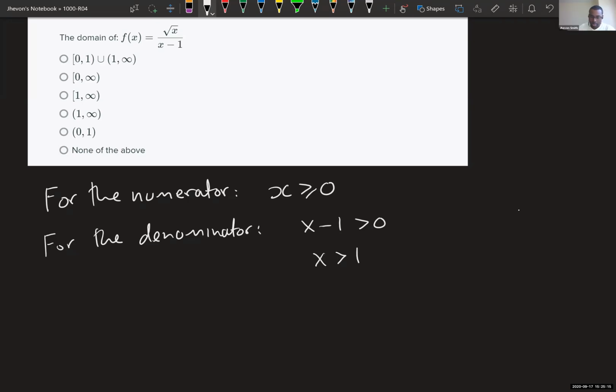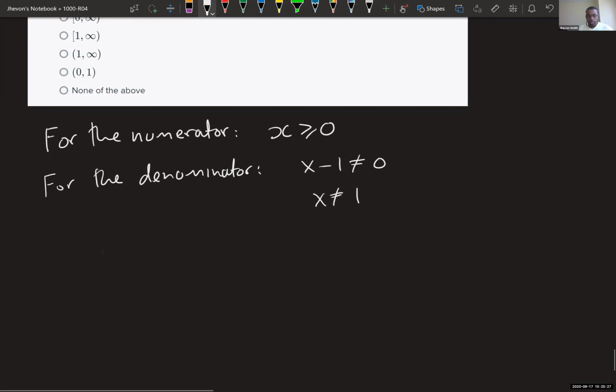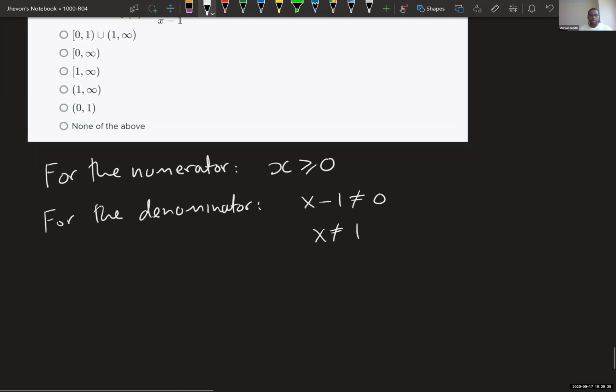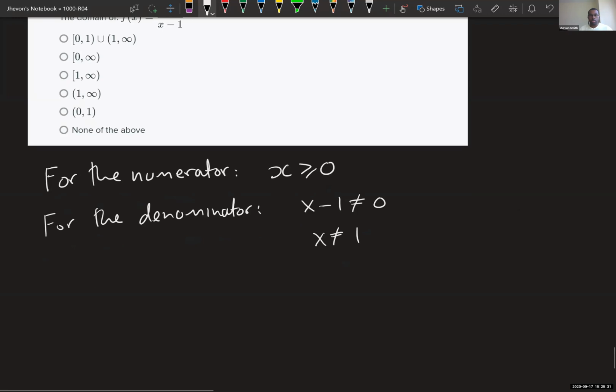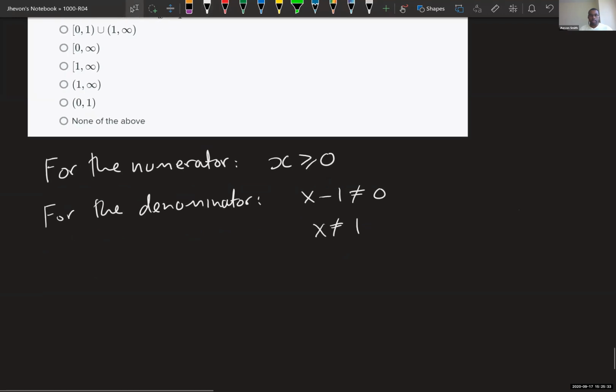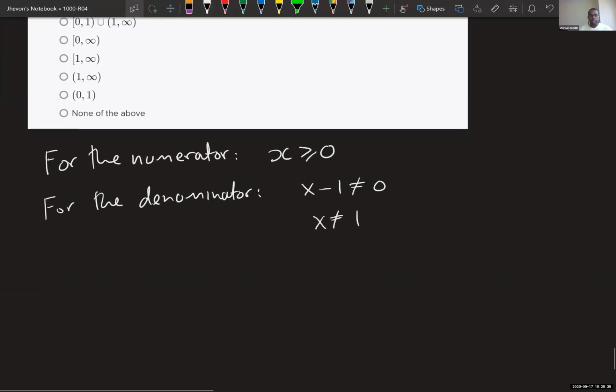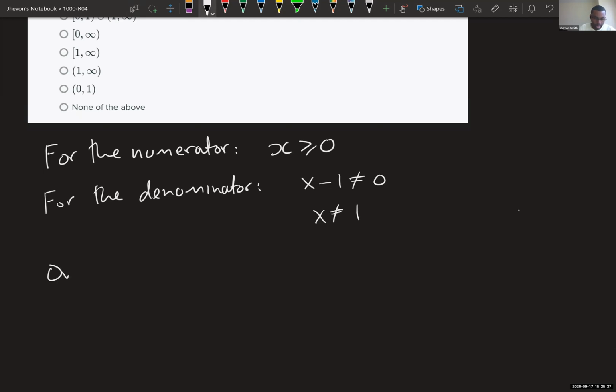Well, the opposite, right? Not equal. Oh, yeah. Right. Which means it can be greater than 1 or less than 1, right? And that's actually a very important distinction, because the problem is going to be incorrect if you have the greater than sign there versus the less than sign. So now what we do is we look for the overlap.